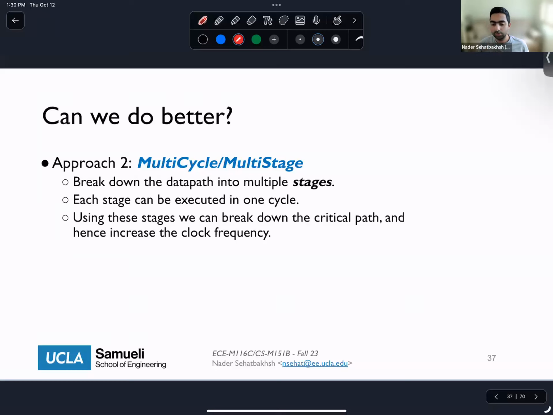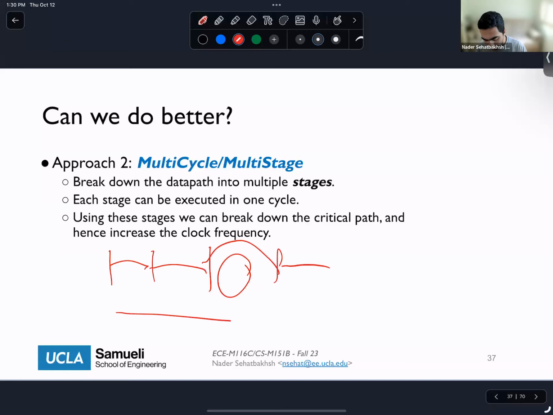And depending on who is going to use which stage, we're going to have multiple cycles per instruction, okay? And this way, of course, I'm going to break down the critical path because, for example, my add only takes 3 stages. It doesn't need the memory, so I can skip this. But my memory instruction takes, for example, 4 cycles because it needs the memory. And this way, I'm saving 1 cycle for the add instruction. So compared to a single cycle, this is slightly faster.